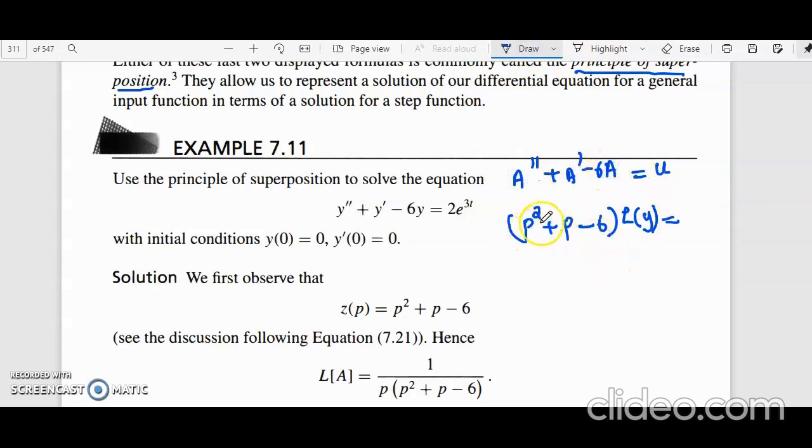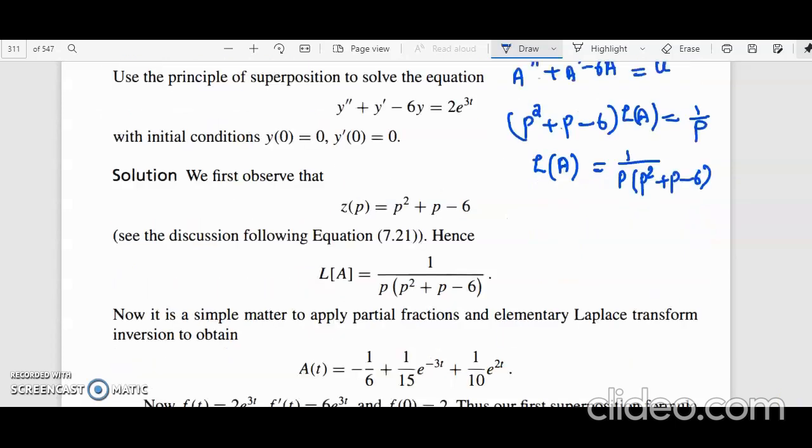So when you take the Laplace transform, the initial condition is 0, and we will get p square plus p minus 6 into L of a equal to 1 by p. So therefore L of a will be 1 by p into p square plus p minus 6.